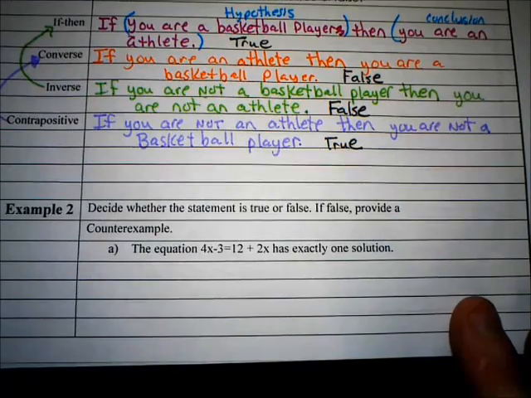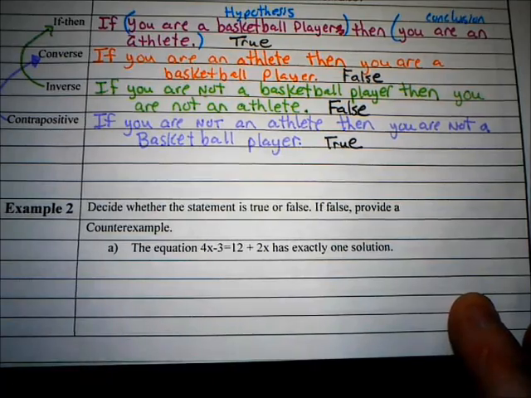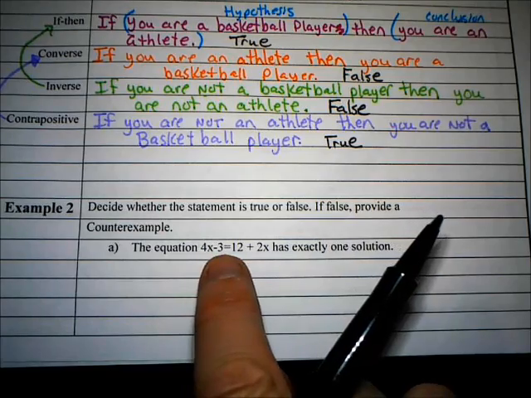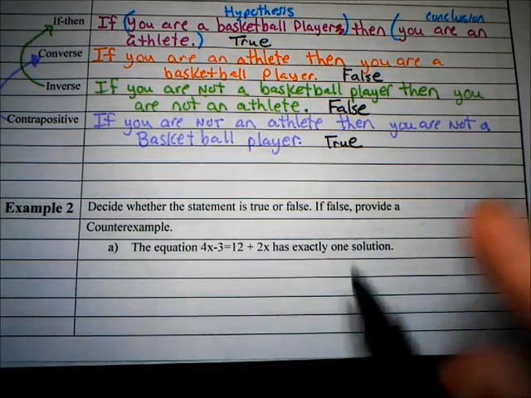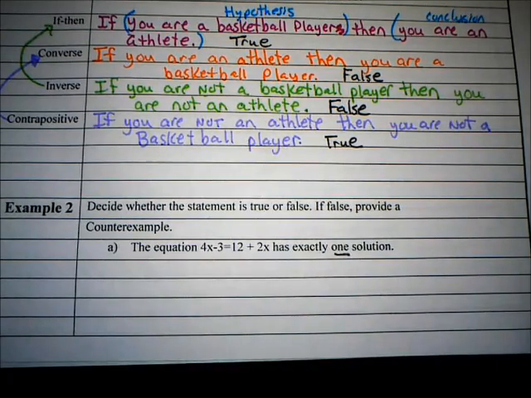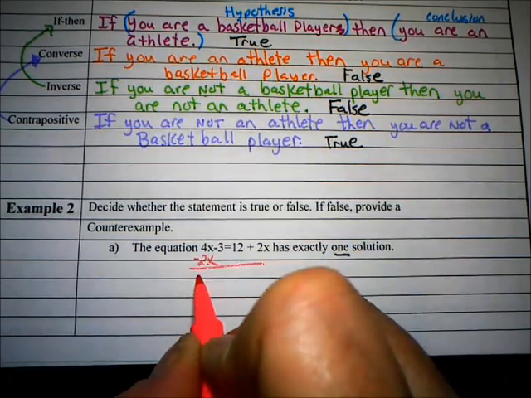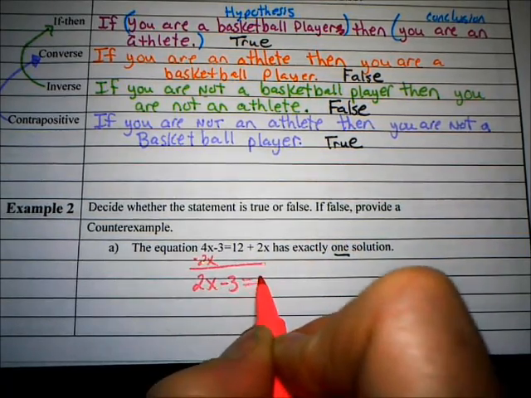Okay, on number 2, it says decide whether the statement is true or false. If it is false, provide a counterexample. It says the equation 4x minus 3 equals 12x plus 2x has exactly one solution. Well, if I actually solve the problem to see what my solution is, I can test it. Here I'm going to subtract 2 from there and get 2x minus 3 equals 12.